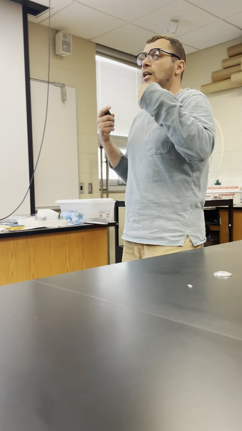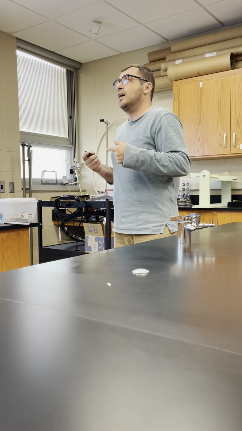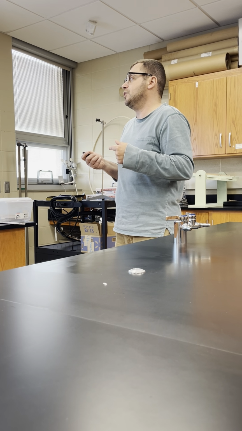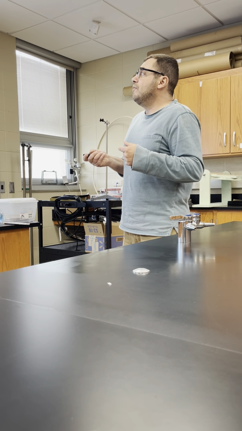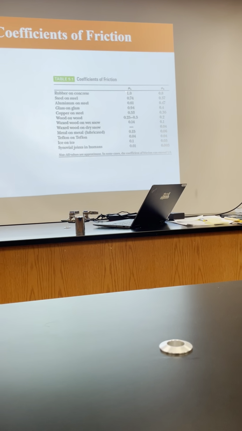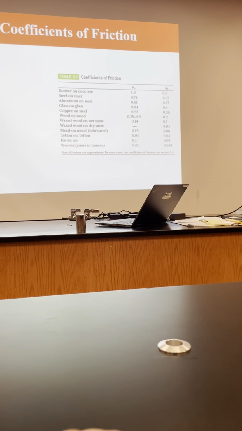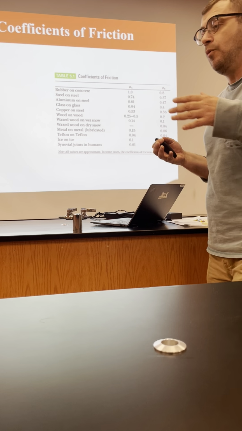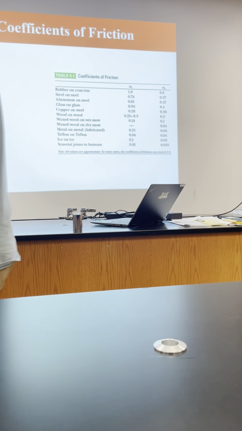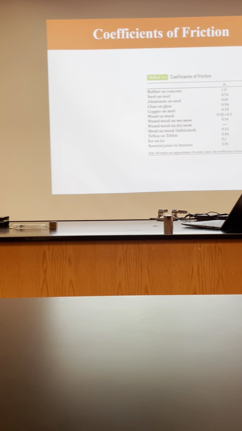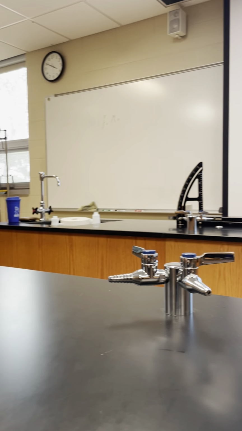The coefficient of friction has values ranging from 0 to 1, where 0 is the minimum friction, in other words no friction, and 1 is the maximum. So that coefficient is like a scale defined by the surface and by the condition.